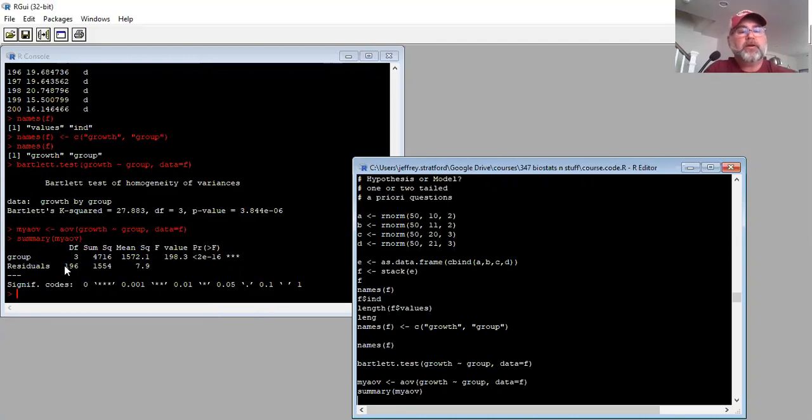And 3 degrees of freedom for your group, which is 1 minus the number of groups. Here's your sums of squares. Remember, to get your total sums of squares, you add. Your mean squares are the sums of squares divided by the degrees of freedom. Here's your F statistic, and you would compare that to the critical F for 3, 196 degrees of freedom. And that's statistically significant.